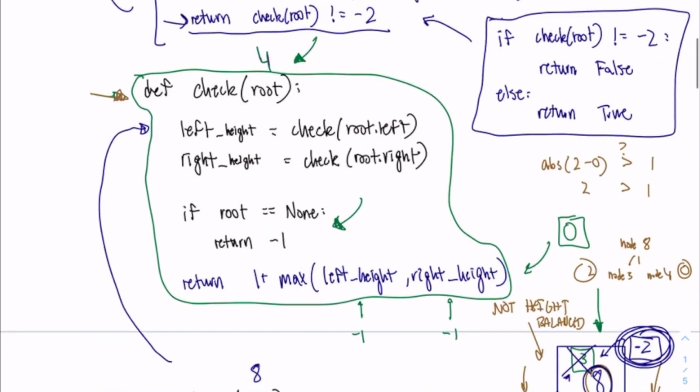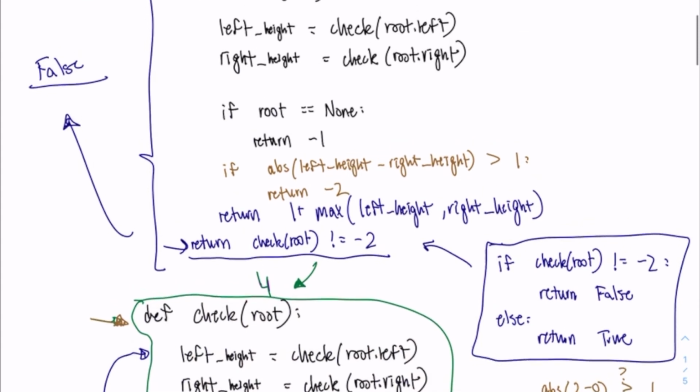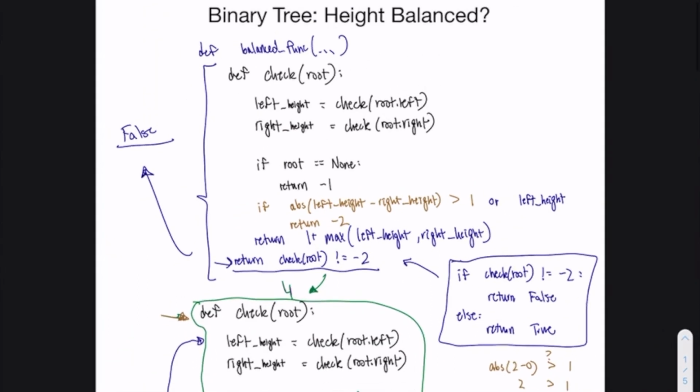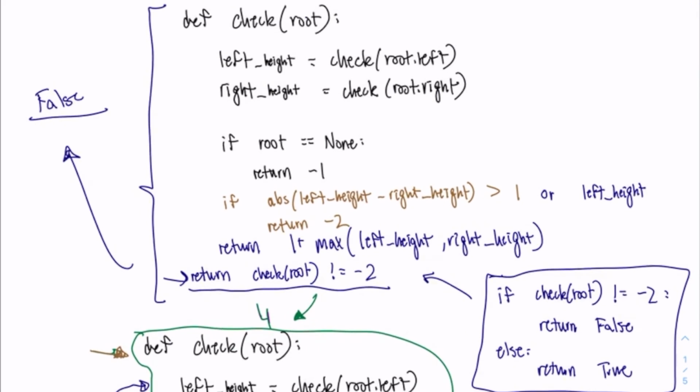And we do that by adding an additional if condition. If absolute value of left height minus right height is greater than 1, or left height is equal to -2, or right height is equal to -2, then we return -2.